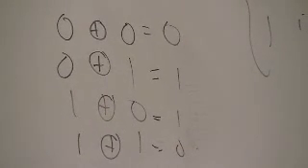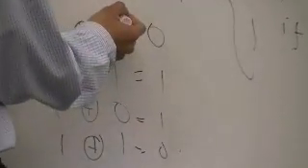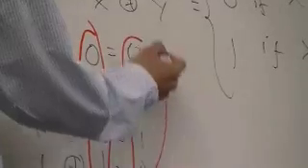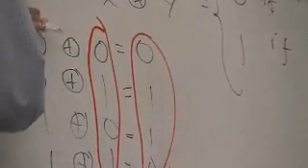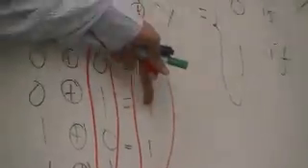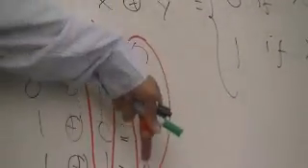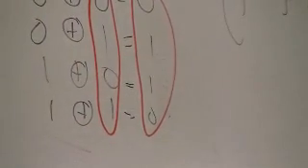If the two bits are the same, it is 0. And XOR has this property: if you take one of the inputs and XOR it with the result, you get back the other one. So 0 XOR 0 is 0, 1 XOR 1 is 0, 1 XOR 0 is 1, 0 XOR 1 is 1. You always get back the other.